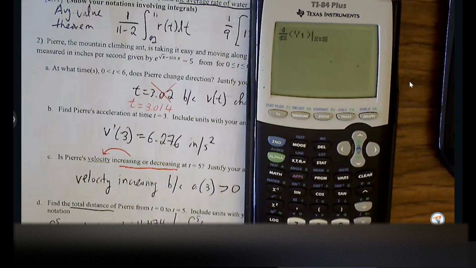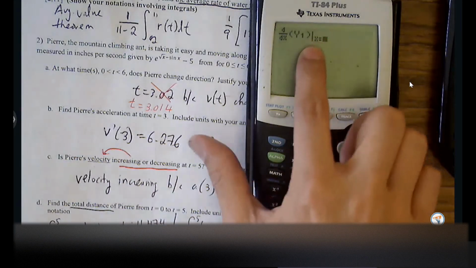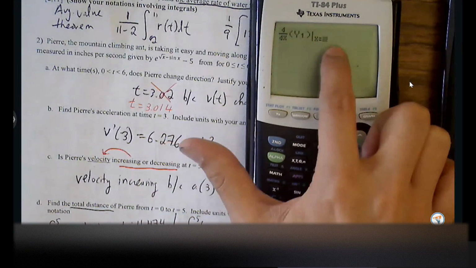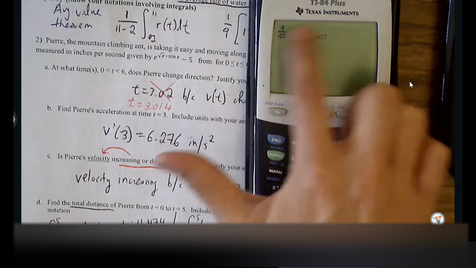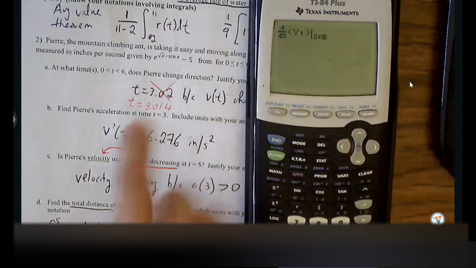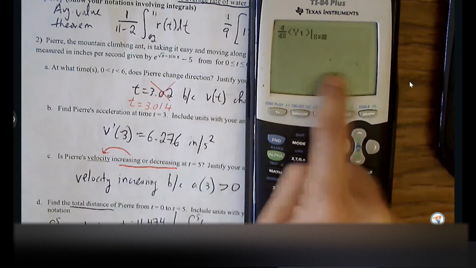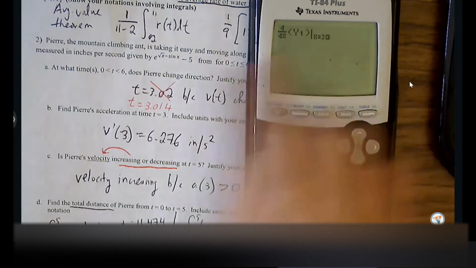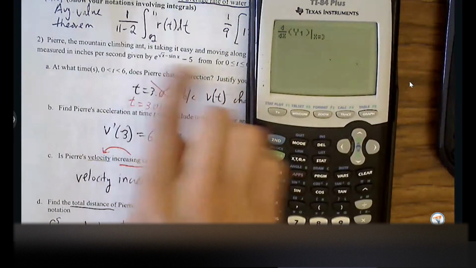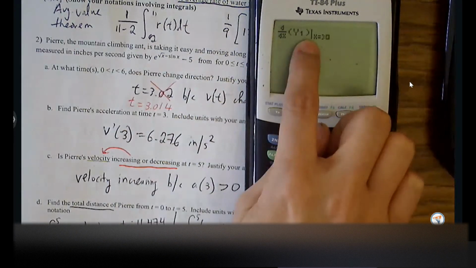How does that look for you? Yeah, I'm there. Oh, good. So now we're asking the calculator to give me the derivative at a point. So it says acceleration at 3. If I plug 3 in, rather than finding the derivative by hand and plugging in, we make the calculator do all the work for us.